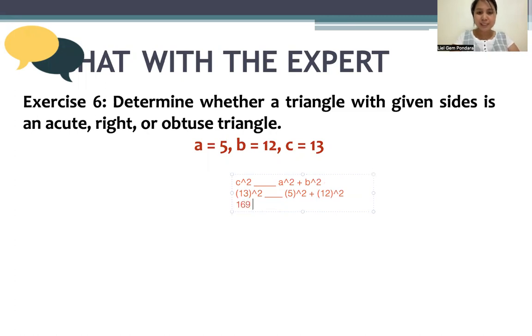So we have 169, and its relationship to 25 plus 144. So 169 is equal to 169. The square of the longest side is equal to the sum of the squares of the two shorter sides. So we say that the triangle is right. This ends part 1, and I'll have another video for part 2.